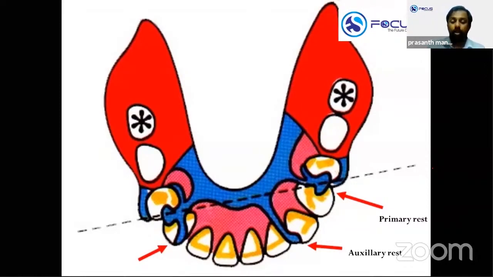Clear? The main purpose of indirect retainers is to prevent the liftment of the denture base from the tissue. Okay. We'll be discussing the auxiliary rests or indirect retainers in detail in another session.